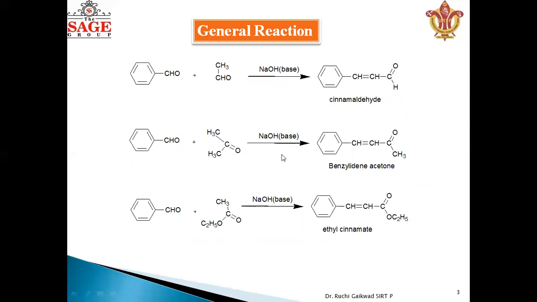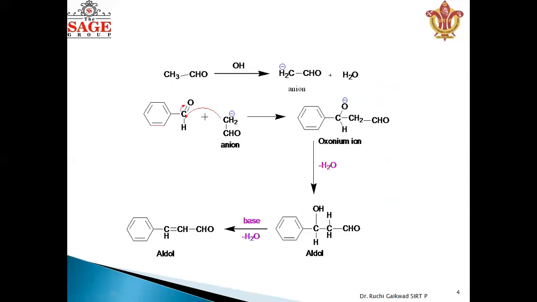With the ketone, in the presence of a strong base, it gives the alpha beta unsaturated ketone, benzylideneacetone. And in the third reaction, it gives the ethyl cinnamate, the alpha beta unsaturated ester.